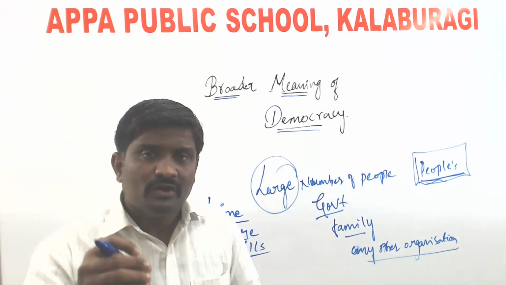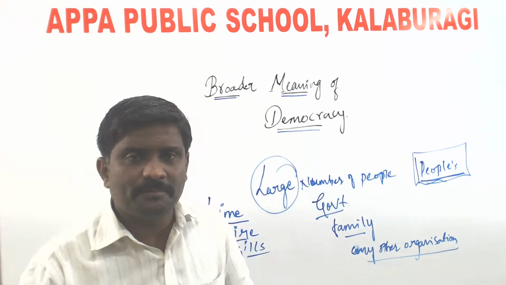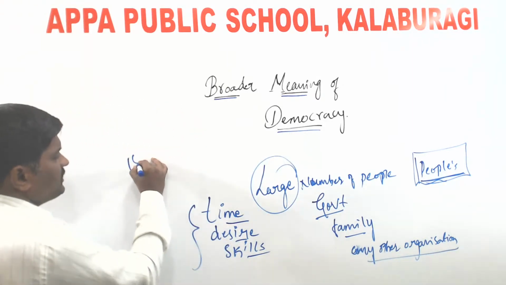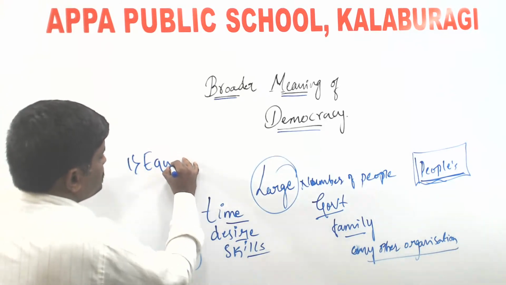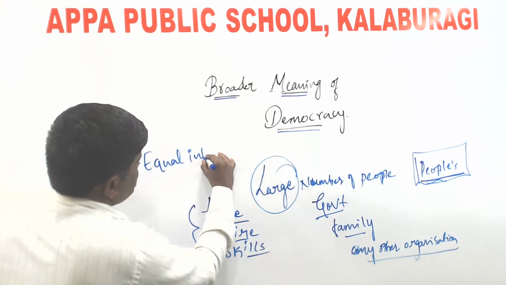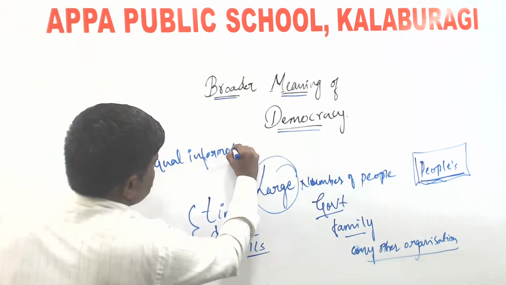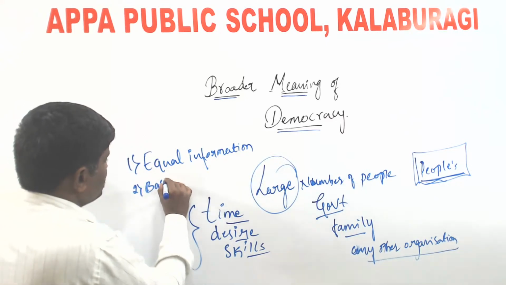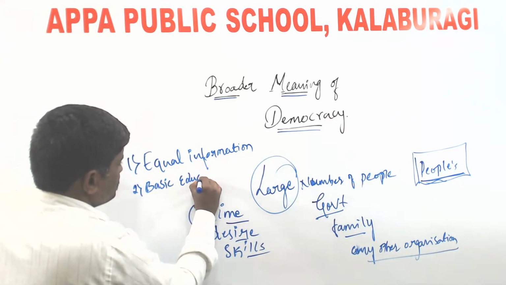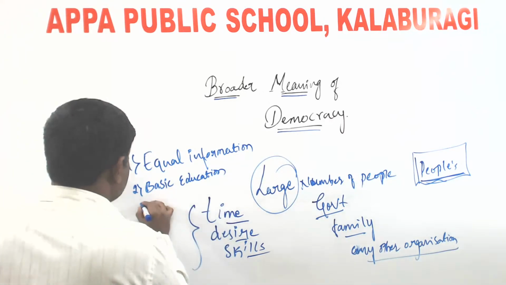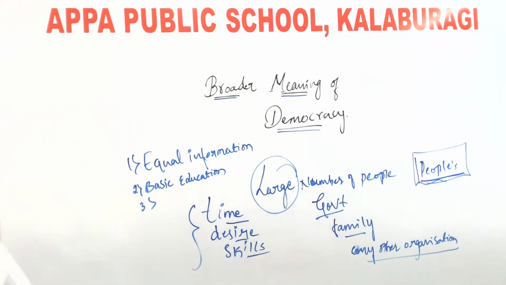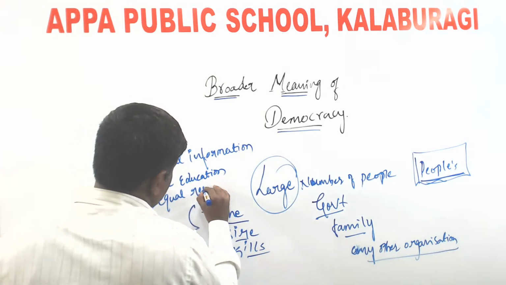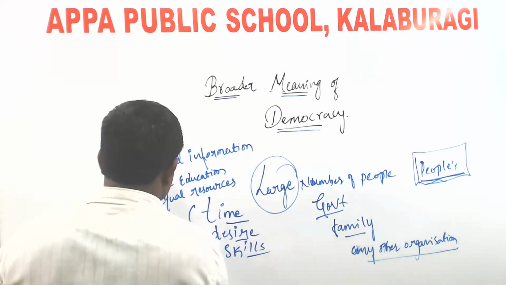Now, how is it possible for people to play an equal role in decision making? The first is that citizens must know equal information. Second, basic education. The most important, equal resources.